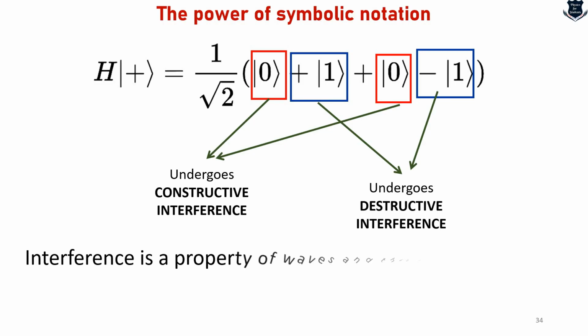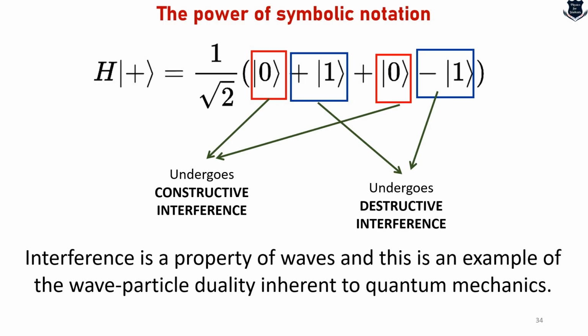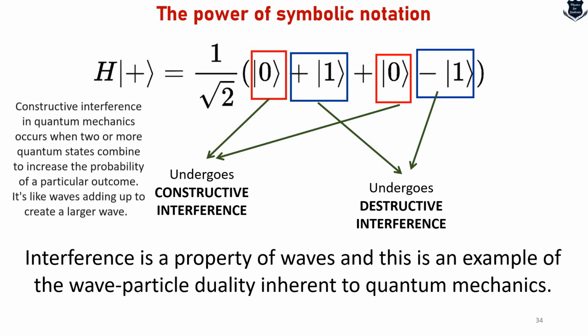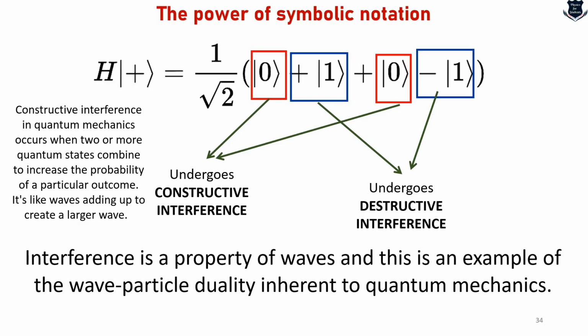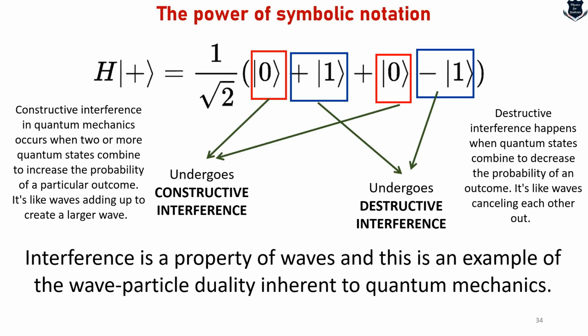Just for your reference, interference is a property of the wave-particle duality, which is very inherent to quantum physics. Constructive interference is when two or more quantum states combine to increase the probability of the outcome. It creates a larger wave. And destructive interference is when they combine to decrease the probability, that means the waves cancel each other.